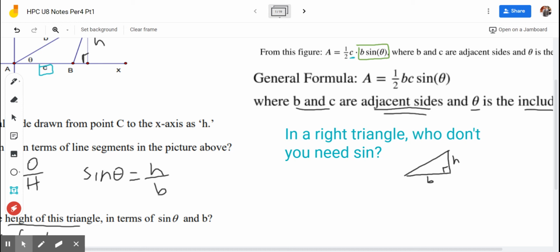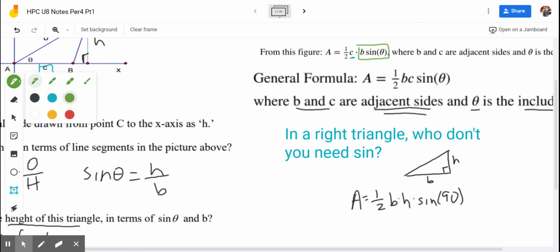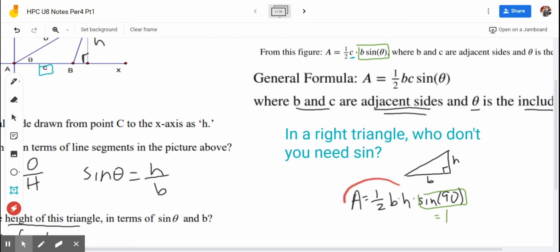Well, if we apply this same formula, area is equal to 1/2 base, the c value is going to be height, times sine of the included angle, which is 90. Whoa, you guys should recall from the unit circle, sine of 90 is 1. Oh, so that's where we get this general formula from.